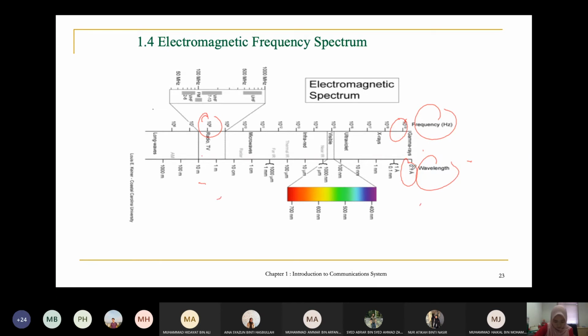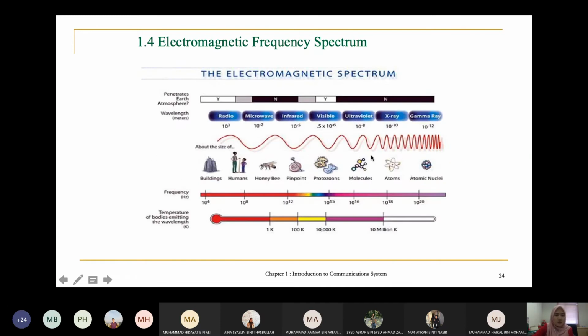Okay, so now this figure, just to show you, for example, let's look at the first signal. This is the radio signal, and this is the wavelength, 10 to the power of 3 meters. For gamma ray, the wavelength is 10 to the power of negative 12.